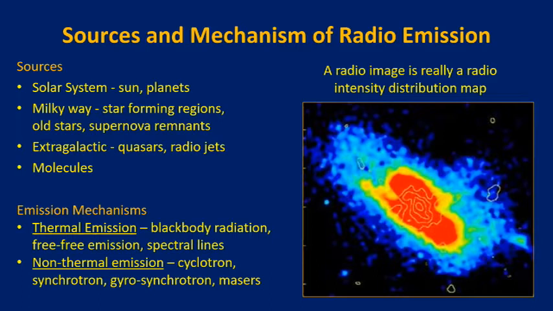Now, they emit non-thermally, and all that means is that that's the plasma. So you've got cyclotron or relativistic electrons in magnetic fields, so you get synchrotron emission. The plasma combined with the magnetic fields gives you the mechanism to emit very strong radio waves via this non-thermal mechanism.